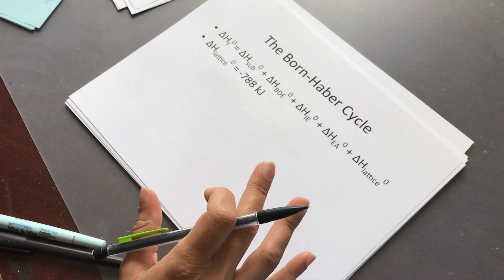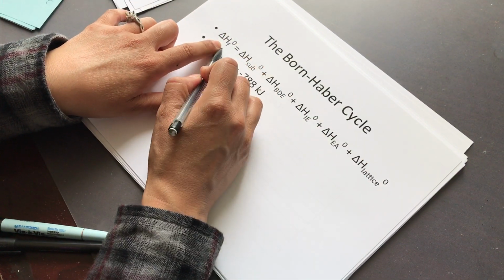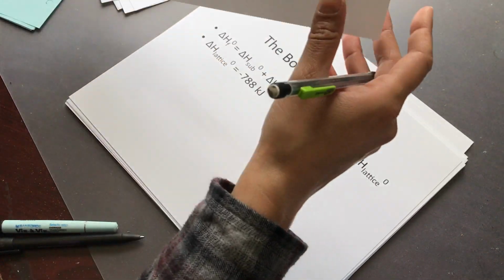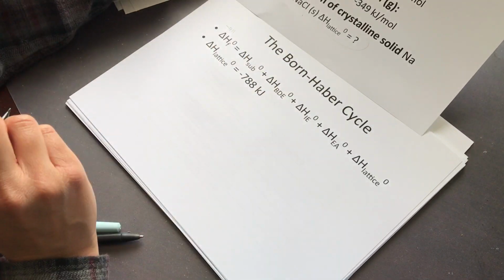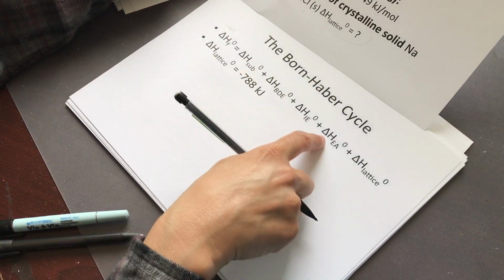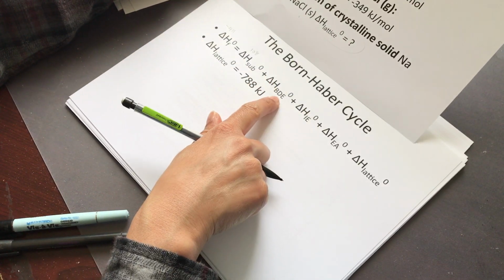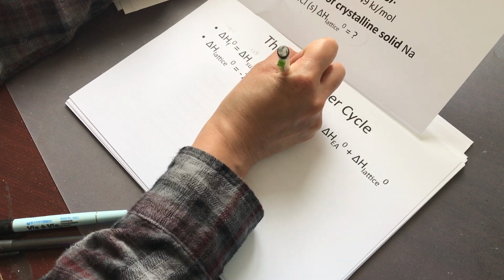The Born-Haber cycle, just like in that image, but we're writing out the steps. So the overall heat of formation, which, if I look back at my sheet here, was negative 411, will equal all of my steps. My heat of sublimation was 108. My bond dissociation energy was 1/2 times 243.